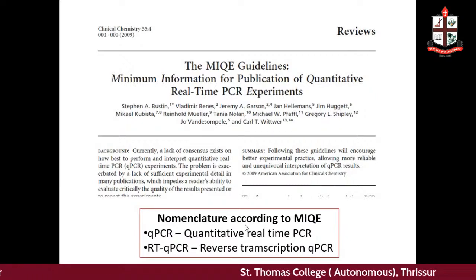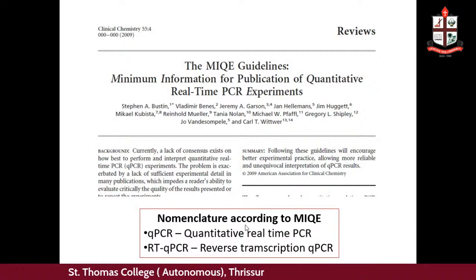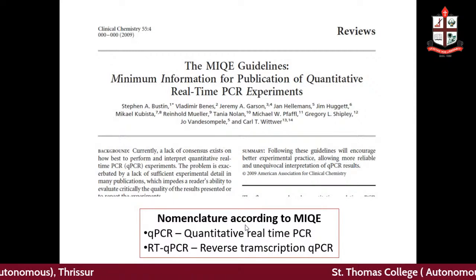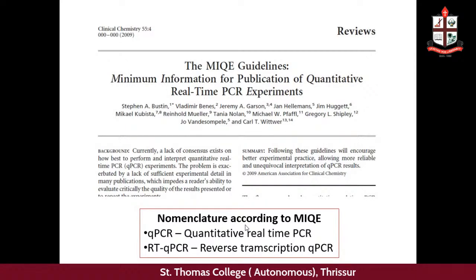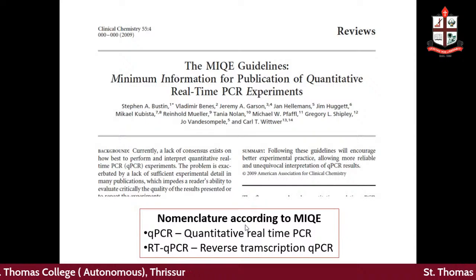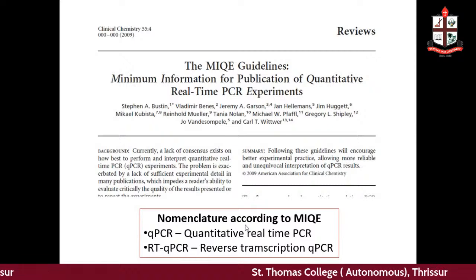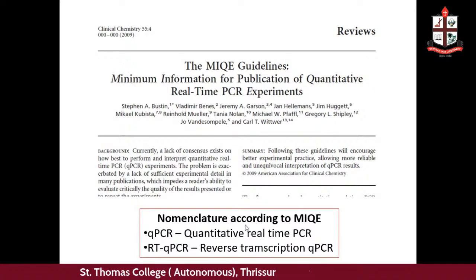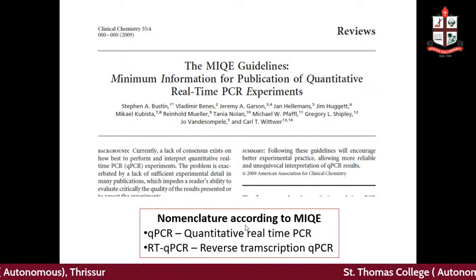Because with real-time PCR, you should understand, whatever way you do it, whether you do it correct or not, you will get some data. But whether that actually reflects the conditions, that depends on how perfect you have done your assay. You will definitely get a result, but whether that reflects the actual conditions depends on how perfectly you do the experiment.